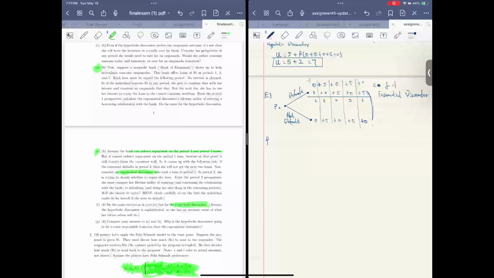This is F. Hyperbolic. Beta equals 1/5. Delta equals 1. Default or not.